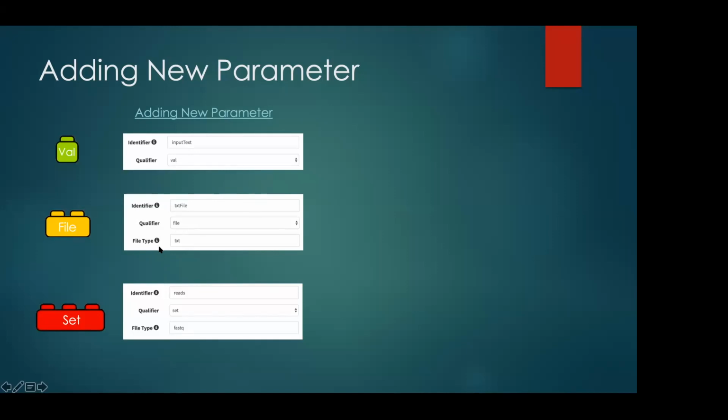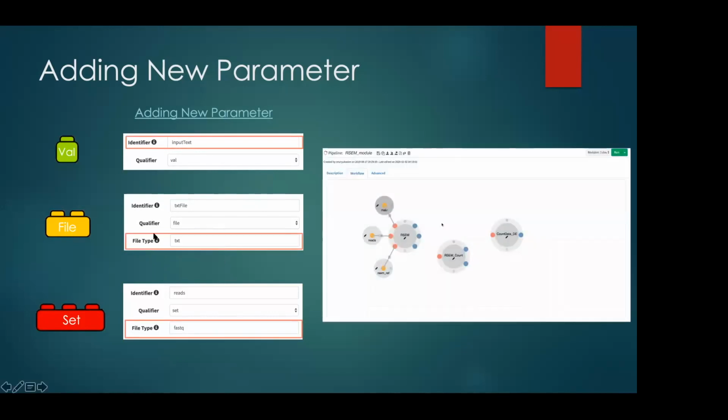So let me show you one example. The reason we are using this file type feature is that it's related to our user interface. So when we come to one of the output nodes, for example, our user interface shows only the available nodes that it's going to connect.